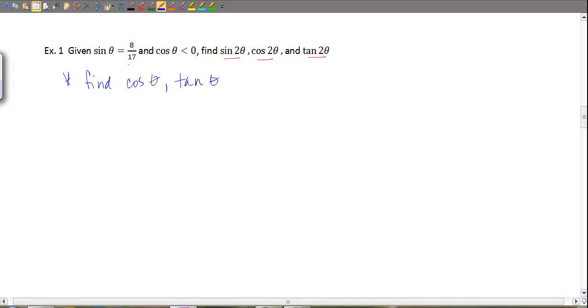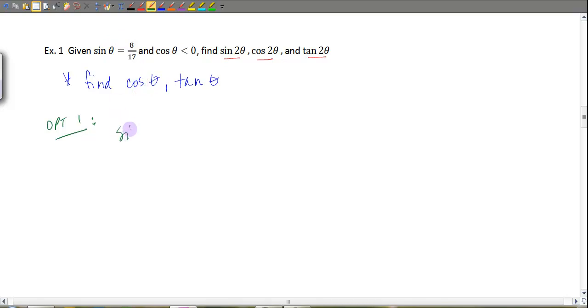Now we have a couple of different choices for how we want to go about finding cosine and tangent. So I'm going to show you both choices. Okay, option 1, that's what we'll call this. Option 1 says I'm going to use the Pythagorean identity. If I know what sine is, then I can find out what cosine is.